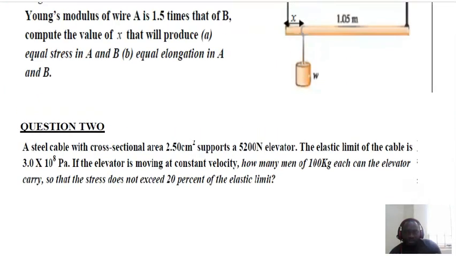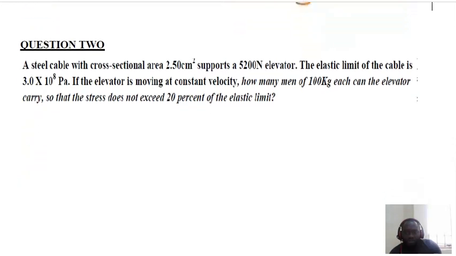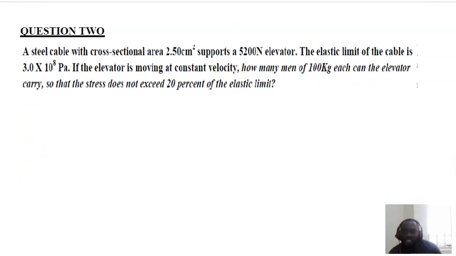Now the second question, let's go to the second question. Question 2 is asking us, we are told that a steel cable with cross-sectional area 2.50 centimeters squared supports a 5200 Newton elevator.